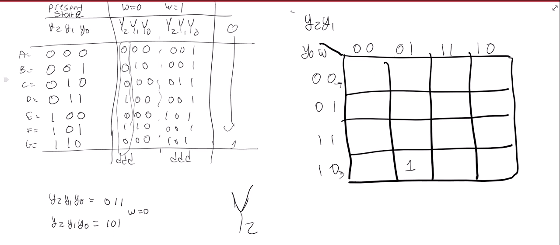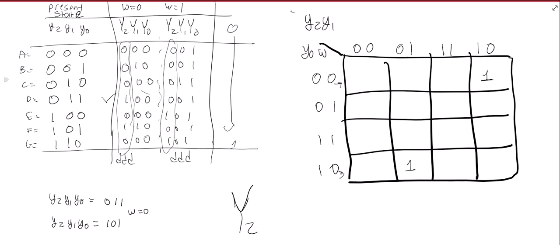So that's this one. And then this one, Y2, Y1 is 1, 0, and W is 0 is right here. And now I'll look in this column.